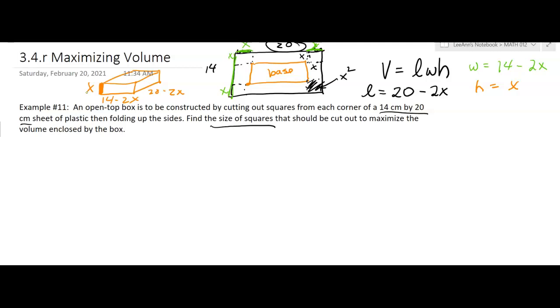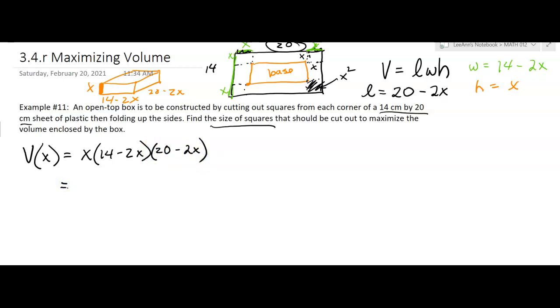Okay, so now my volume in terms of x, so I'm writing this as a function, is going to be the length times the width times the height. I'm going to put the height first: x times 14 minus 2x times 20 minus 2x.